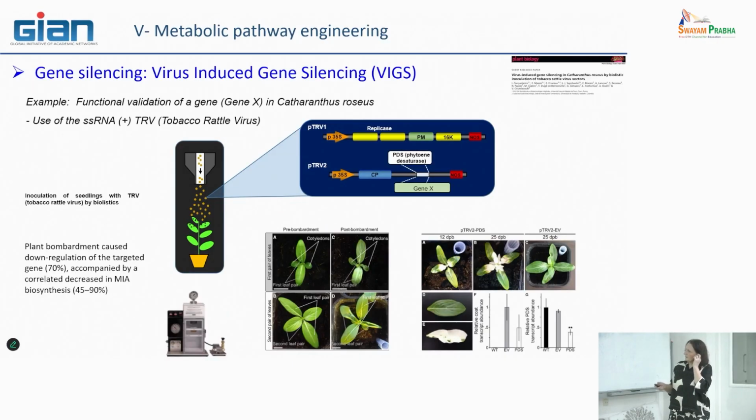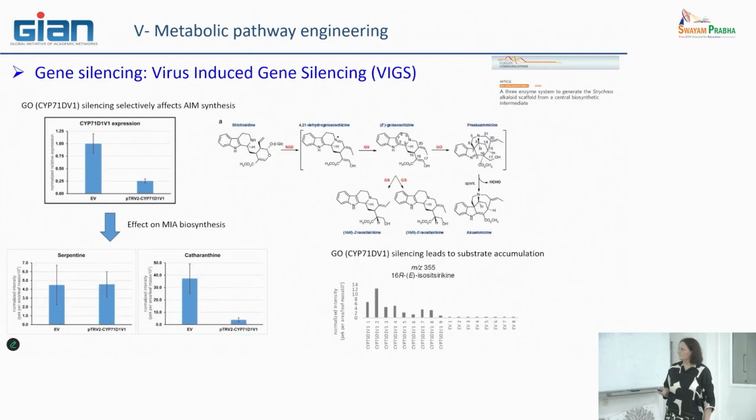Okay. So here is just another illustration of what you can have at the end of this type of experiment between a control and a non-control, and you can see here the amount of different transcripts and also different metabolites.